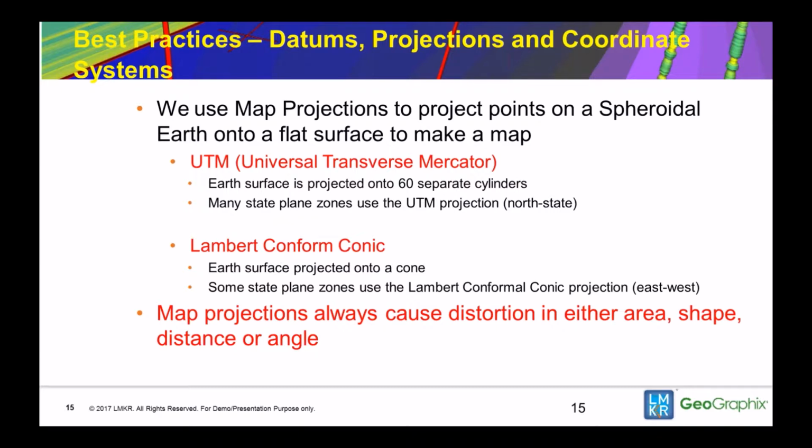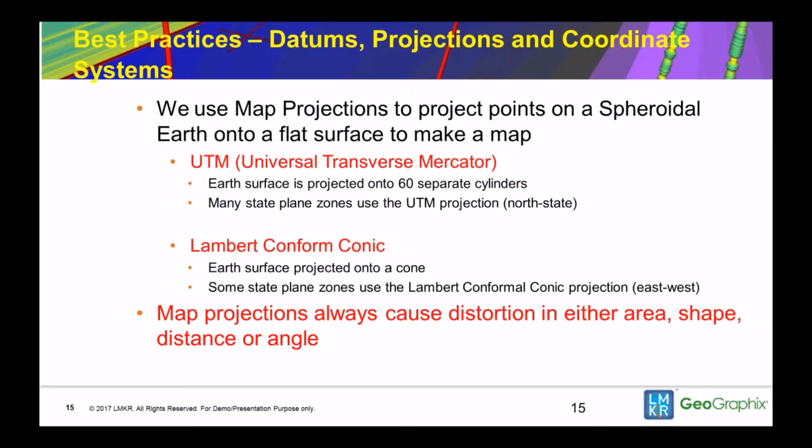Well, Greenland's only about 20% of the size of the United States. So there's always going to be some distortion. And like I said, it's a pick your poison thing. Some projections have less distortion in mid-latitudes, polar latitudes, or equatorial latitudes.